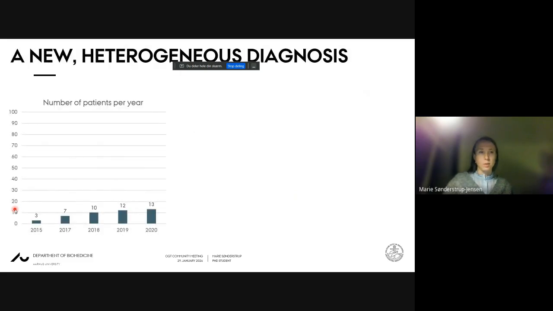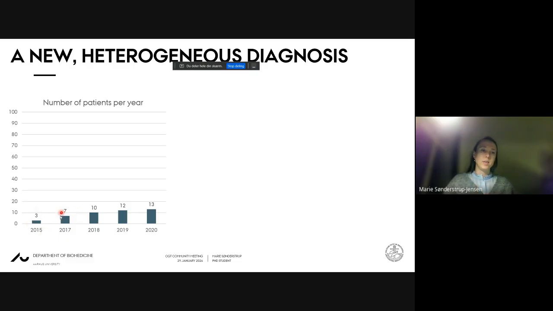But I'm gonna go back a little bit. It's a fairly new diagnosis, and it's a heterogeneous diagnosis. The association between mutations in OGT and intellectual disability has just been established recently, a few years ago.